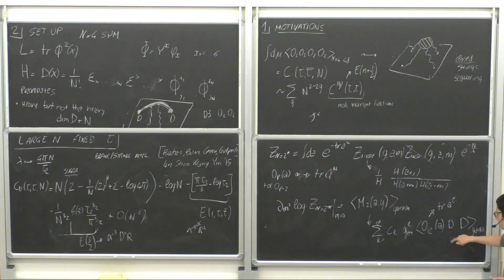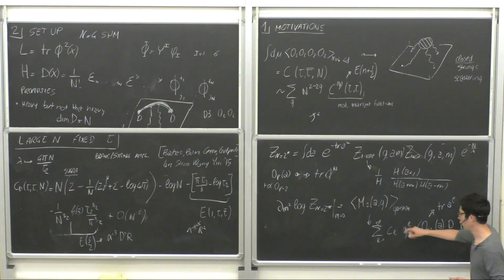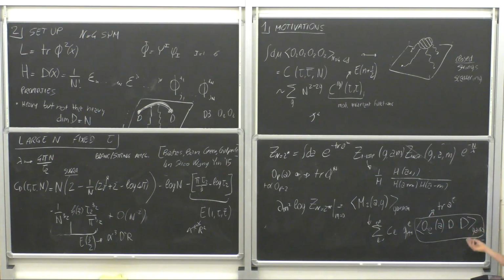This object now can be computed by performing this Gram-Schmidt orthogonalization procedure on these operators instead of these operators. So you perform this Gram-Schmidt here and not here. You have different coefficients, but the final formula that you have to compute is a 3-point function in a Gaussian matrix model, so in a free theory.